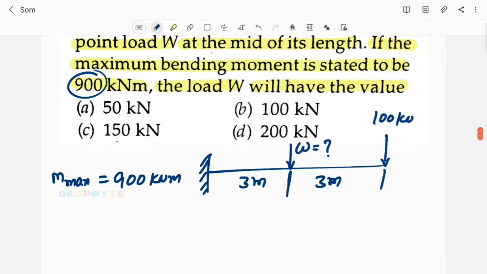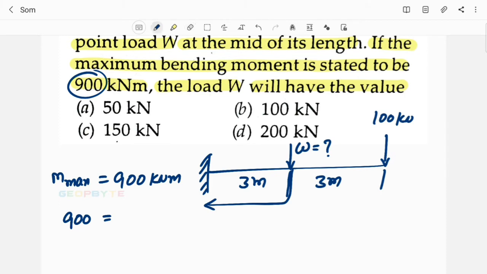As we know, the maximum bending moment is occurring only at the fixed point of the cantilever beam. Therefore, this maximum bending moment 900 kilonewton meter must be equal to this load into distance up to the fixture.